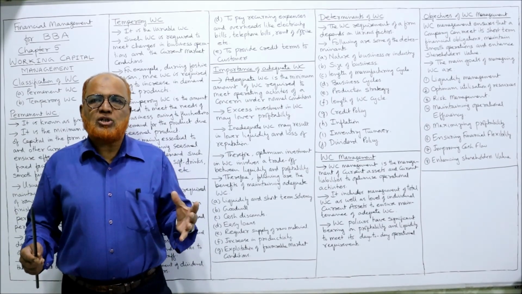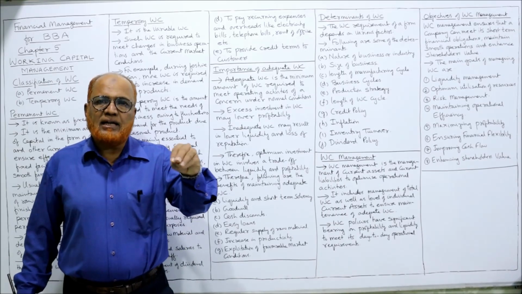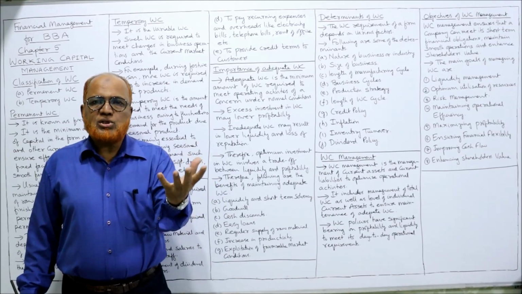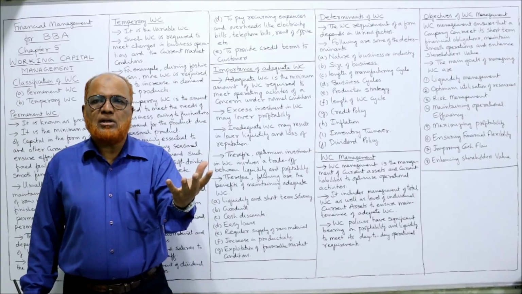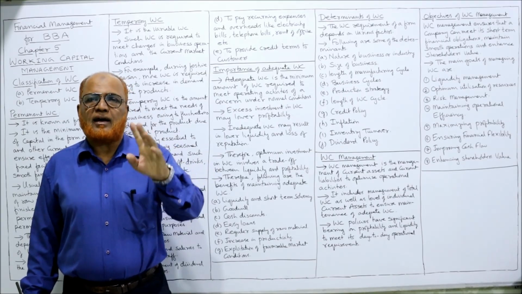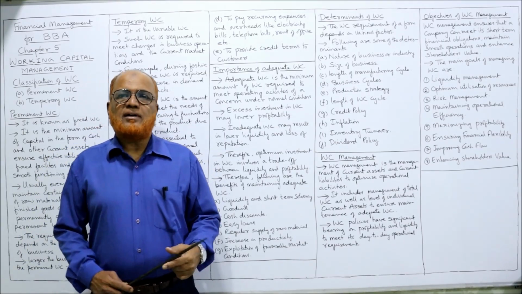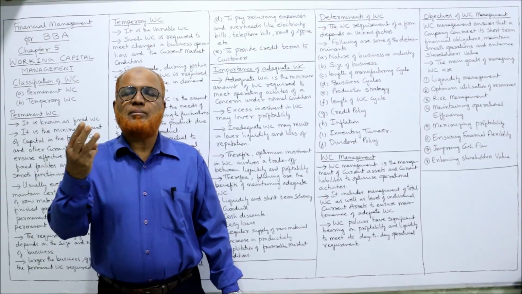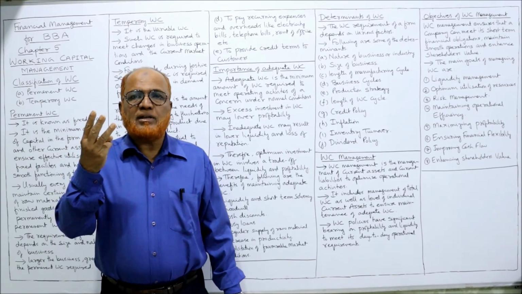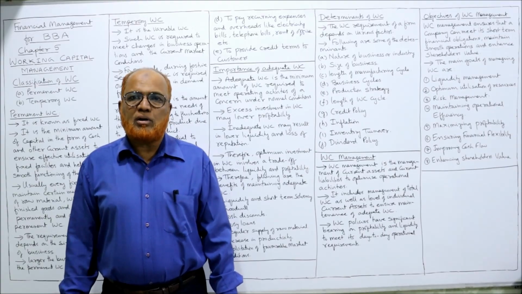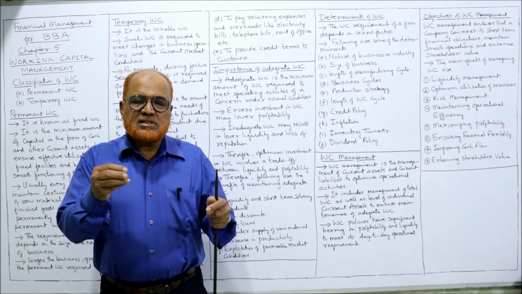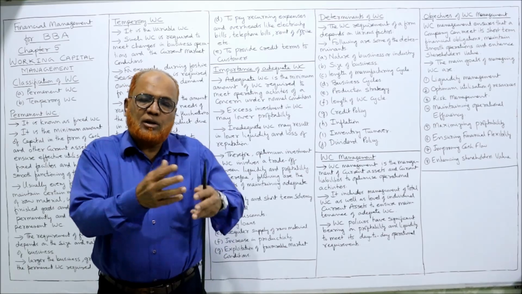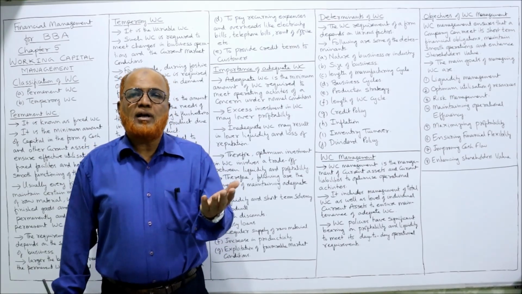Suppose we manufacture goods by investing 80,000 rupees, the cost of production is 80,000, and we sold it for 1 lakh. But the customer will take 3 months time. So till 3 months, our 80,000 rupees are blocked. We have incurred 80,000 in producing the goods, but we are not getting money right now.